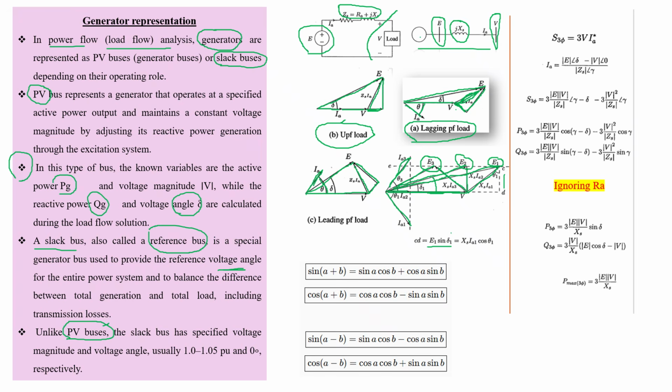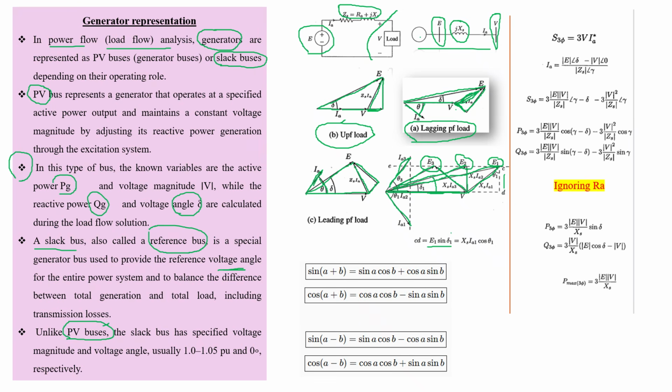The magnitude of this angle and the power factor angle theta 1 are equal, because this dotted line and the terminal voltage line are parallel. So this is IA1, and this is the perpendicular to IA1. So if you use that relation, this angle theta 1 and this theta 1 are equal. You can refer to the relationship.